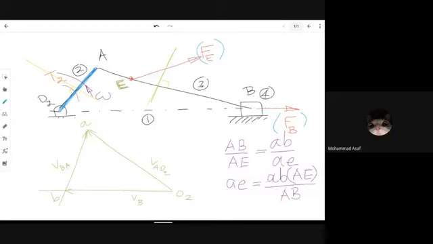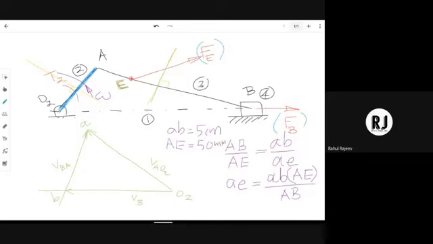Okay, just assume ab equal to 5 centimeter. Now, what is the length of capital AE? It must be given in the question. 50 mm. Okay, so let it be 50 mm itself.